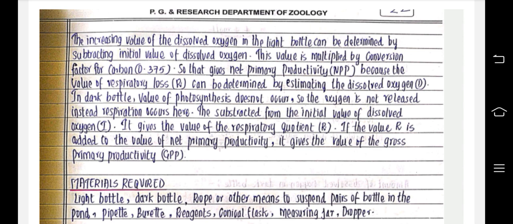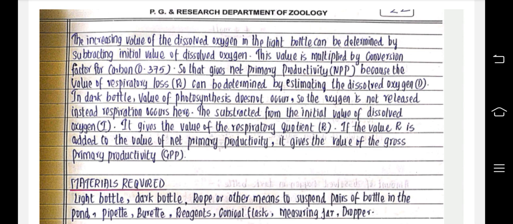This value is multiplied by the conversion factor for carbon, which is 0.375, and that gives the net primary productivity, or NPP.